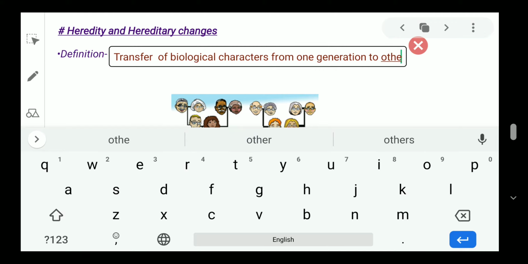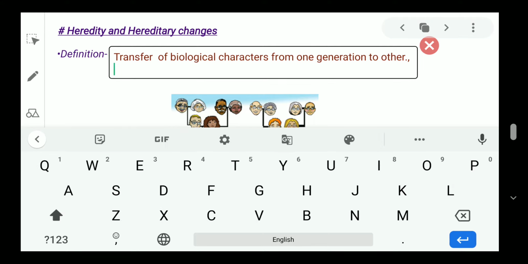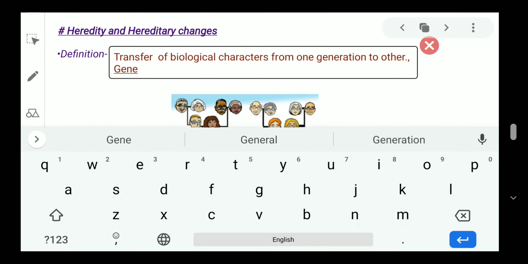So it transfers characters from one generation to other. And what is that component which transfers these characters? It is nothing but genes, which are present in the chromosomes.